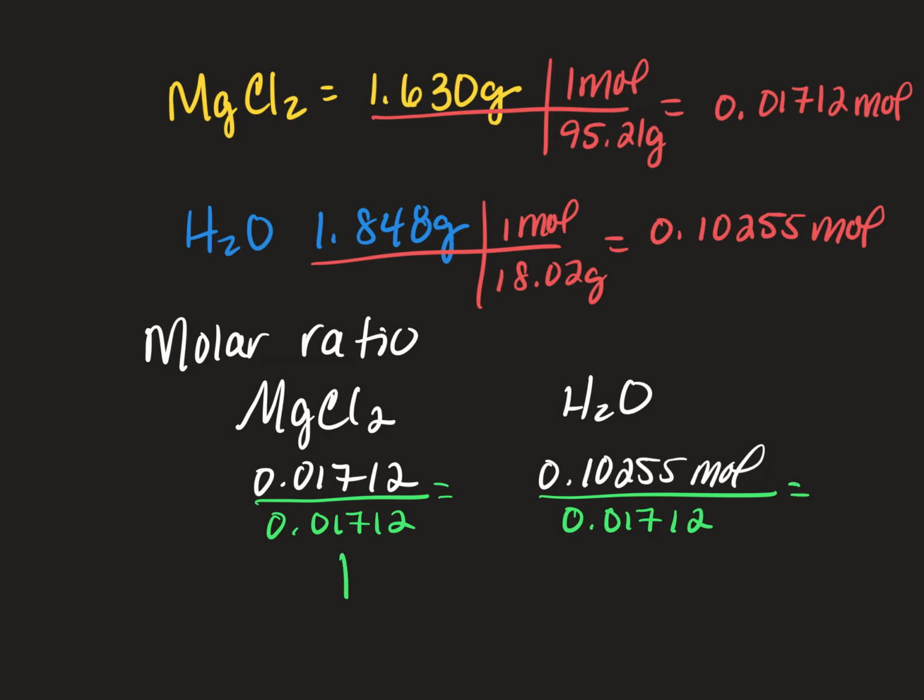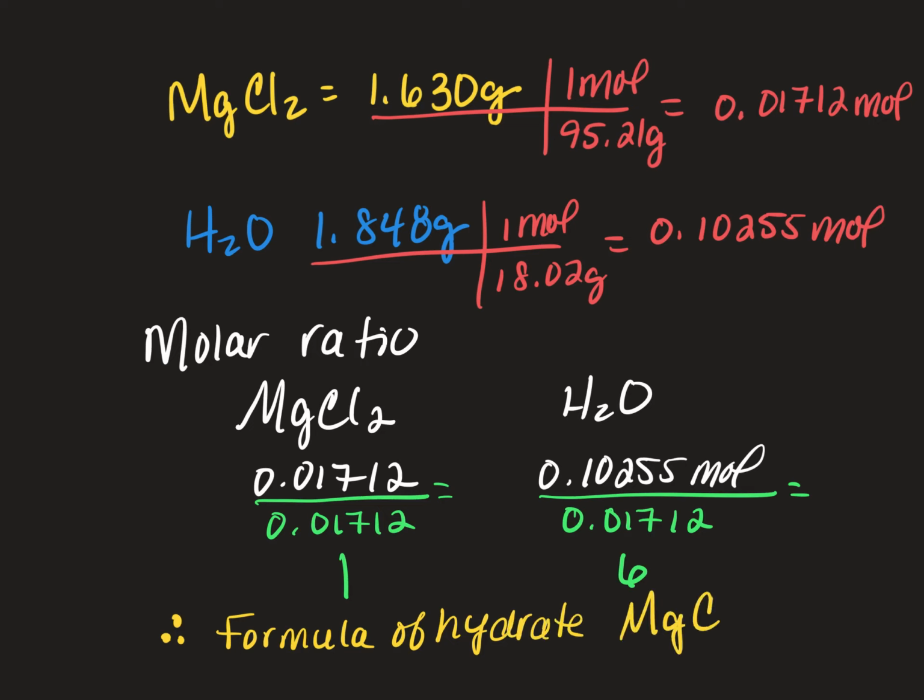So we get 1 for magnesium chloride, and we get 6. It comes out to be 5.99, so we can round that to 6 for the H2O. So we have, therefore, the formula of the hydrate becomes MgCl2.6H2O. So that means that it is now what we call magnesium chloride hexahydrate.